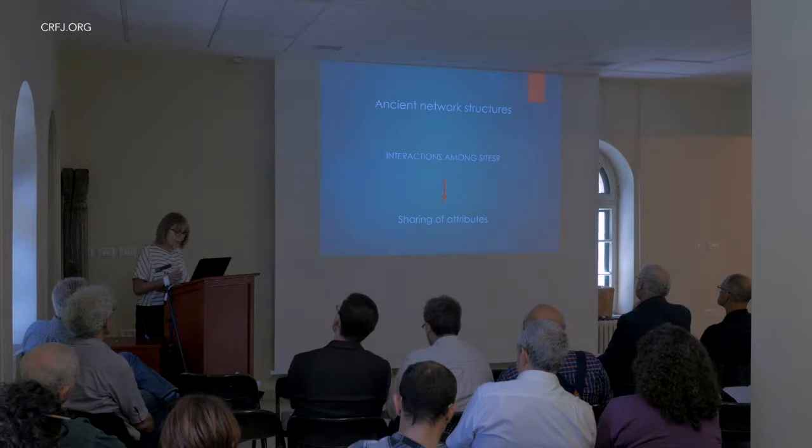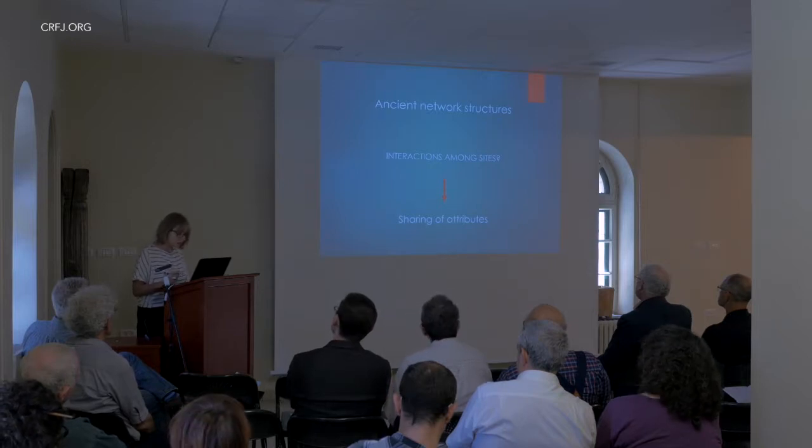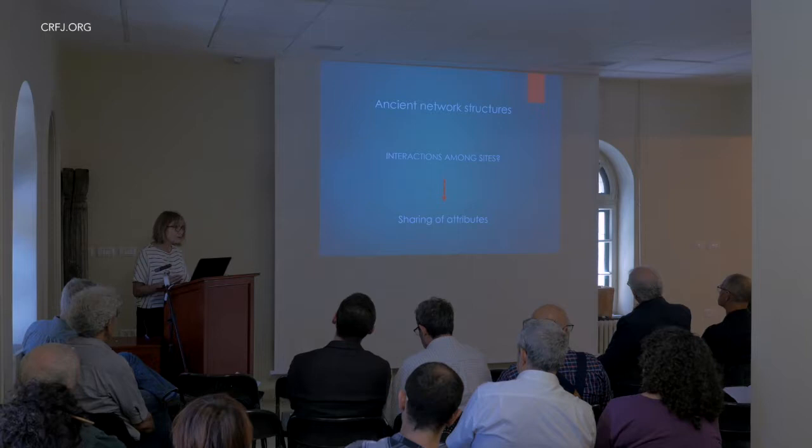Interactions are thus measured through the sharing of attributes. However, the social content of this interaction is not measured because similarity of objects can be the result of different types of interactions.